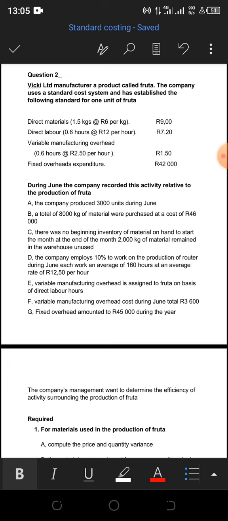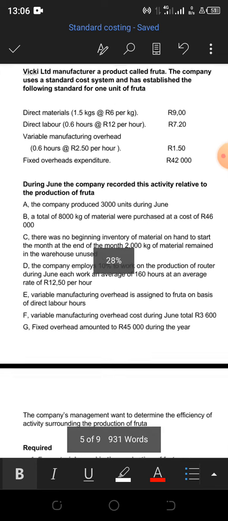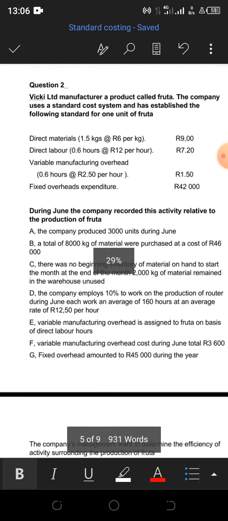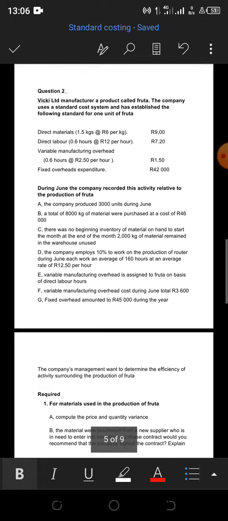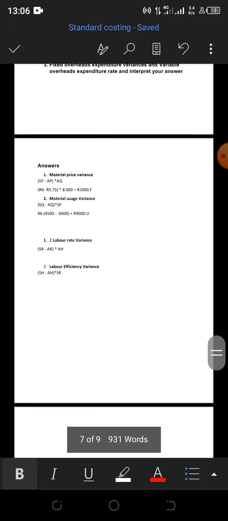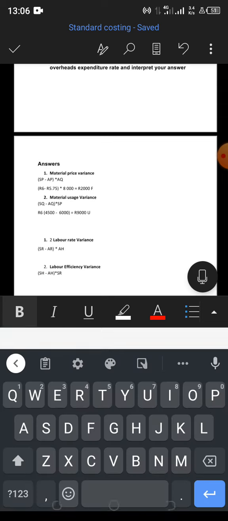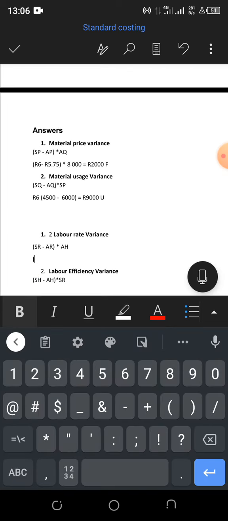They say the company employed 10 employees to work on the production of Fruta during June. Each worked an average of 160 hours at an average rate of 12 rand 50 per hour. Okay, so in other words, the actual rate was 12 rand 50, but the standard is 12 rand. If you got my point from number one, you already know how you are going to interpret this one.